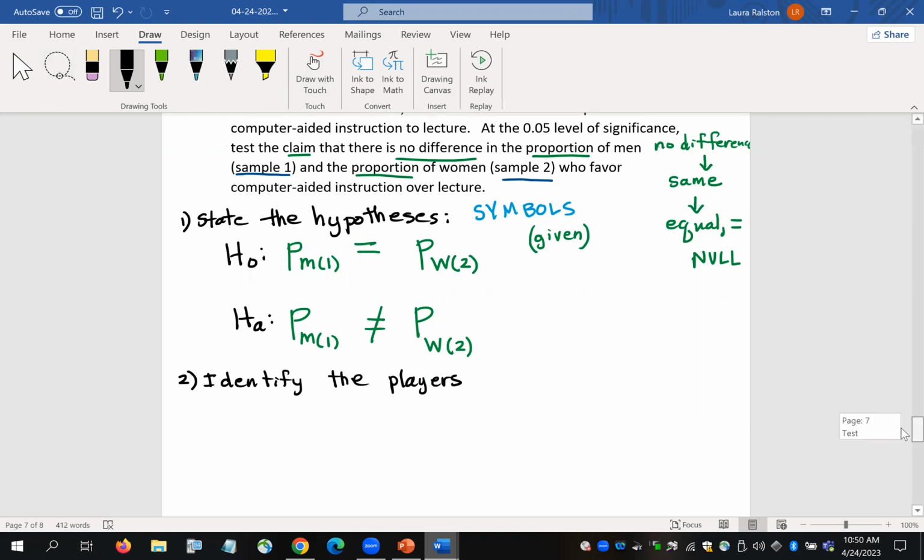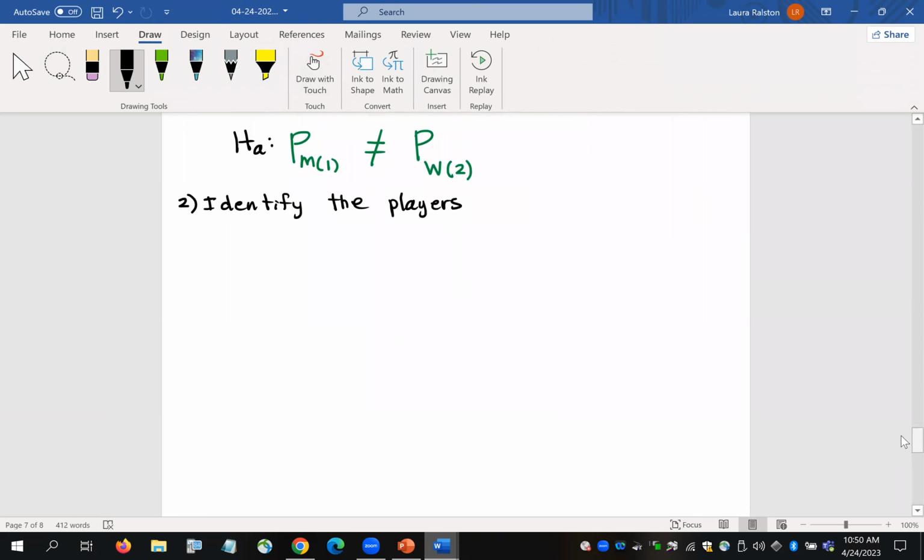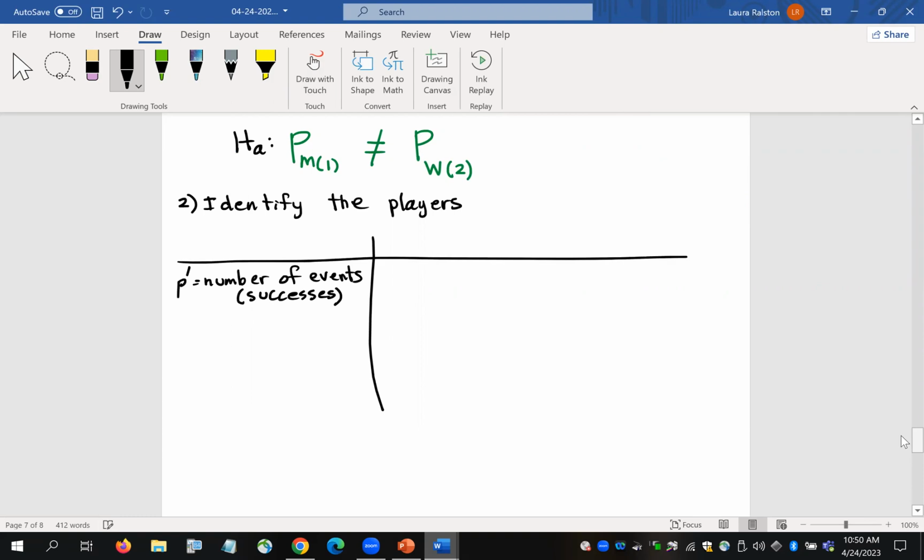And really, in this scenario, it helps you if you can set up a table, because you're going to need basically P prime, which is the number of events or successes for the men, which is sample 1, and for the women, which is sample 2.